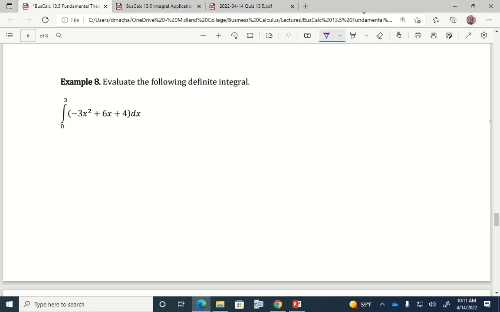Okay, so let's do number 8 finally. Let's do example 8 on your notes from last time. So seeing this, I'm going to call the integrand lowercase f, and I'm going to interpret this definite integral as being capital F of my upper bound minus capital F of my lower bound.